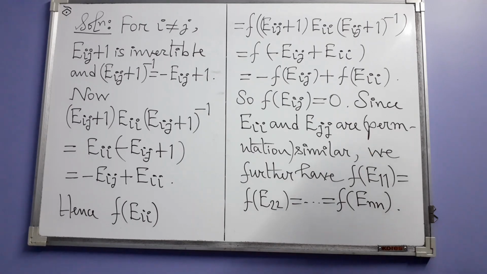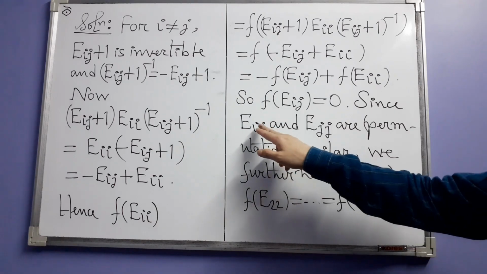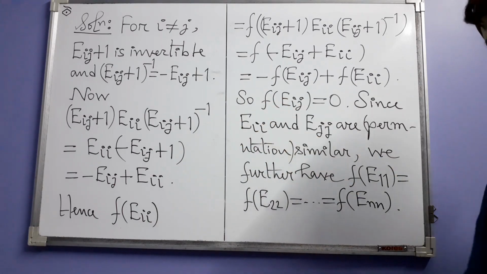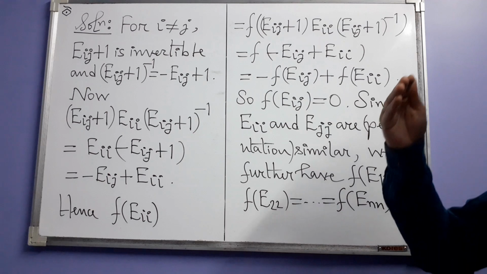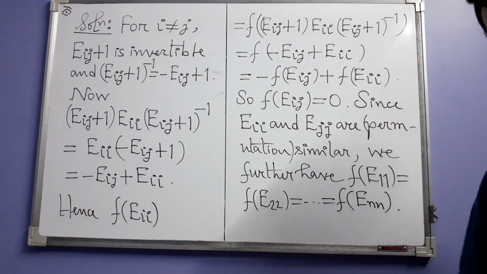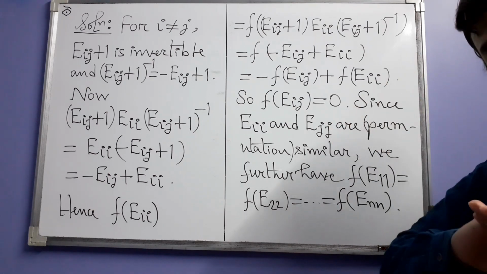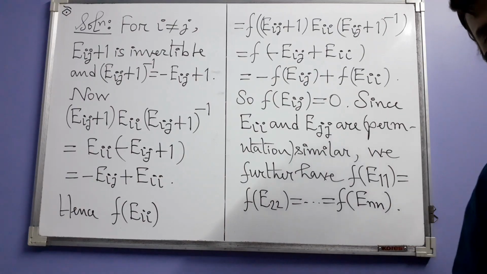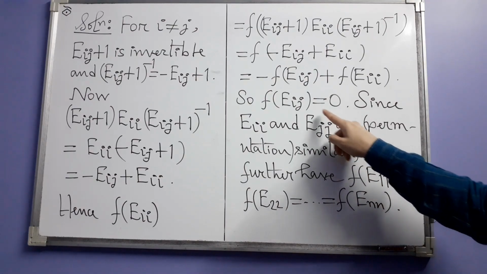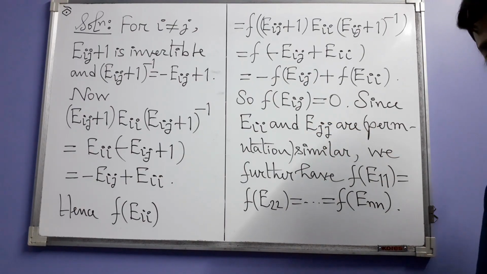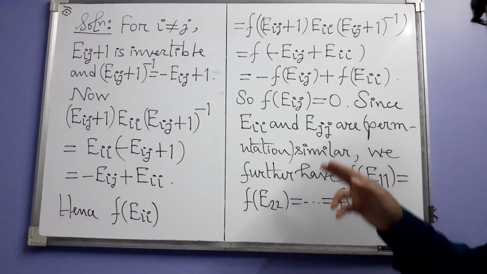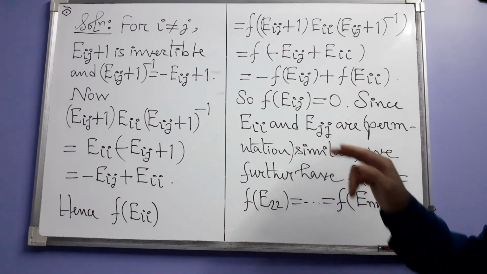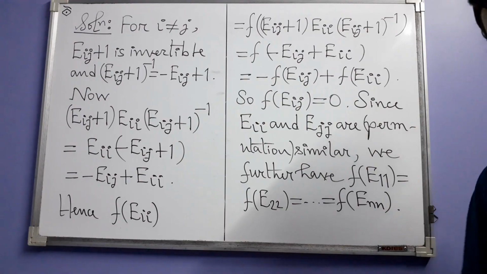There is one more fact, and this fact is about the Eii's. Any two such matrices are similar to each other, they are permutation similar. That is because Eii, for example, is the diagonal matrix whose ith diagonal element is 1, all the other diagonal elements are 0. Similarly, Ejj is the corresponding such matrix whose jth row, jth column entry is 1 and all the others are 0.